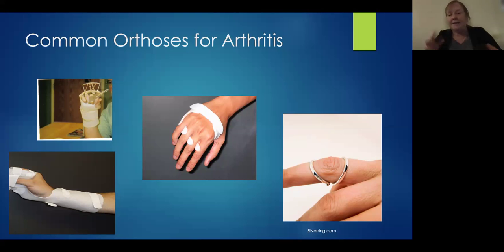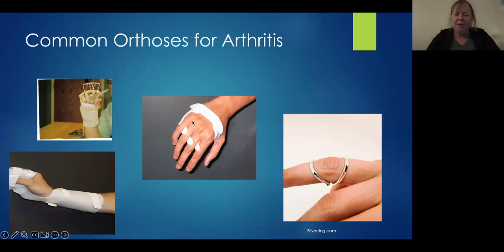But again, it's the doctor and what they order and what they want and what has worked for their clients. But again, I don't have to immobilize the whole wrist and hand. If you don't have to immobilize certain joints, you don't want to immobilize them. Only immobilize what has to be immobilized.